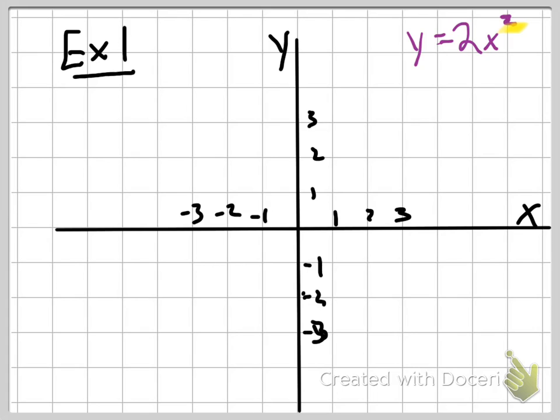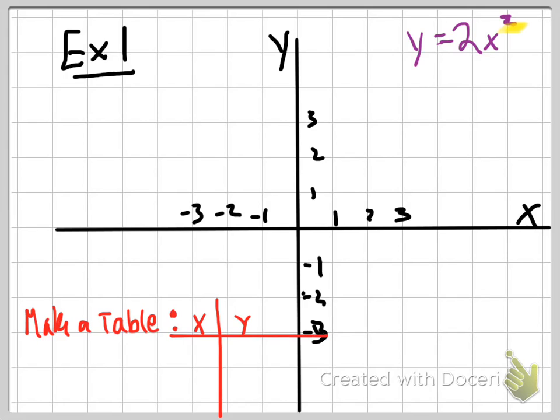So let's go ahead and make an XY chart, make a table. I'm going to do this in order to graph these. So we have x, and then we have y, which in this case is going to be 2x squared.